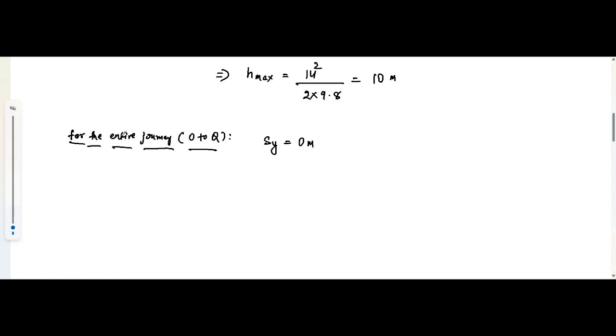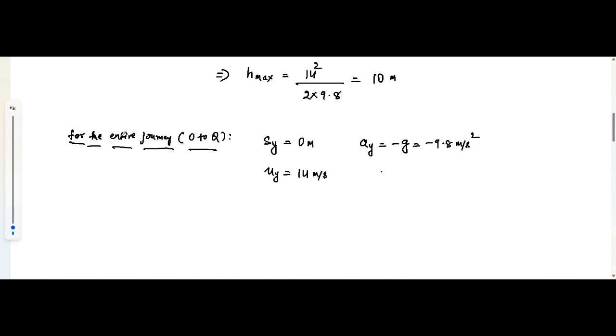Then the initial vertical component of the velocity uy is equal to u sin theta, 14 meter per second. Then the acceleration due to gravity is equal to minus g, minus 9.8 meter per second square. And then we have the total duration.